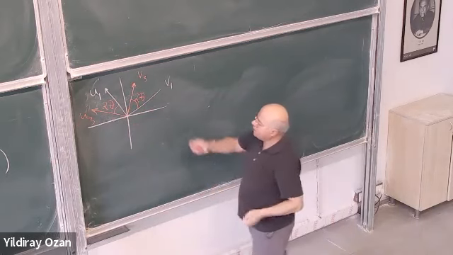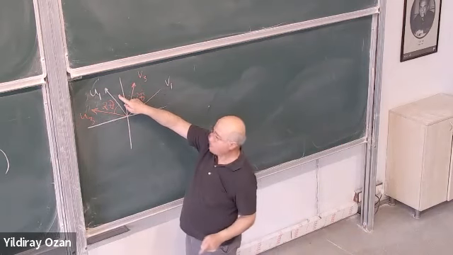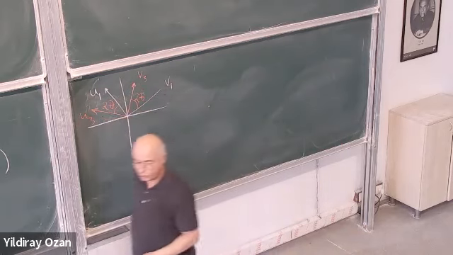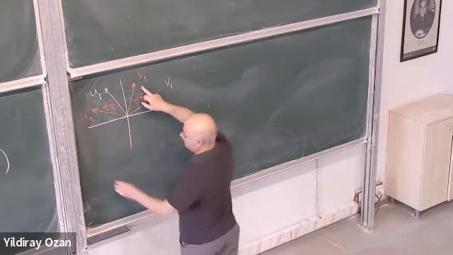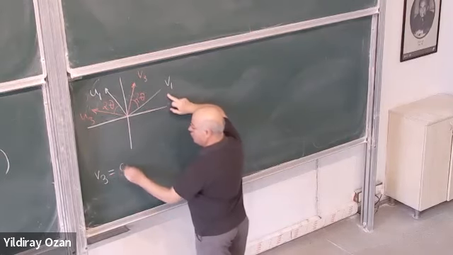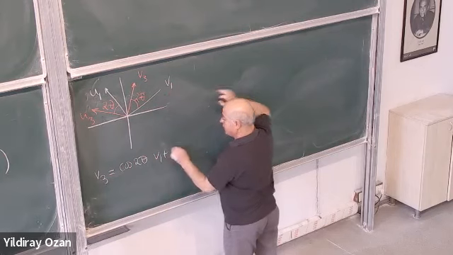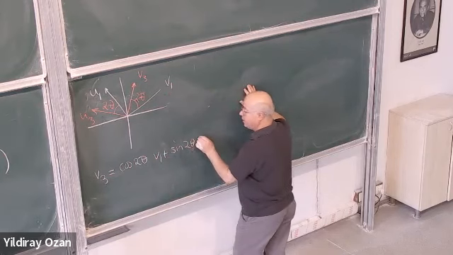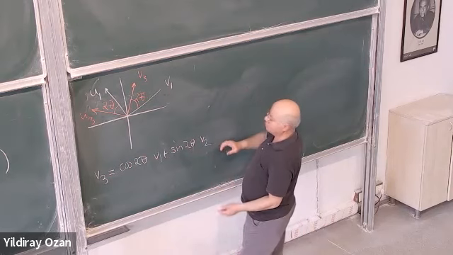What is V3? It is just cosine 2 theta V1 plus sine 2 theta U1.